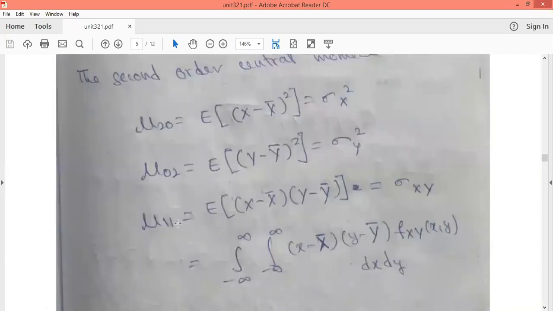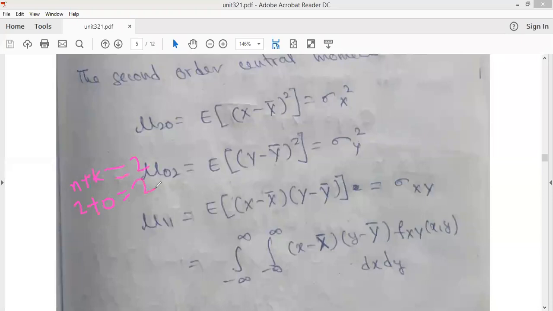Then mu 1 1. When we say it is second order, it is second order when n plus k is equal to 2. What are the different cases where we get n plus k equal to 2?